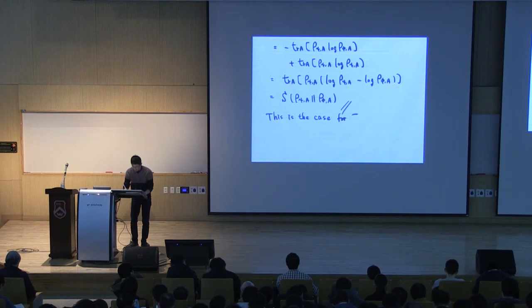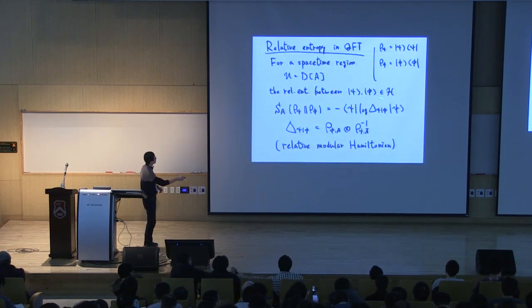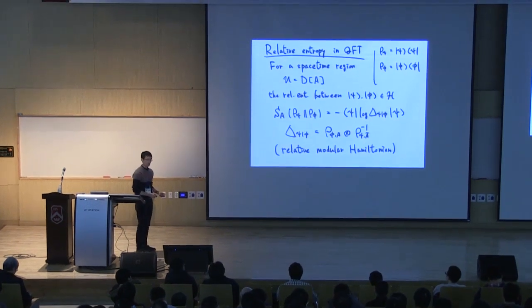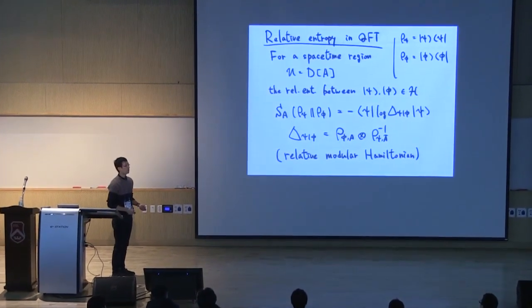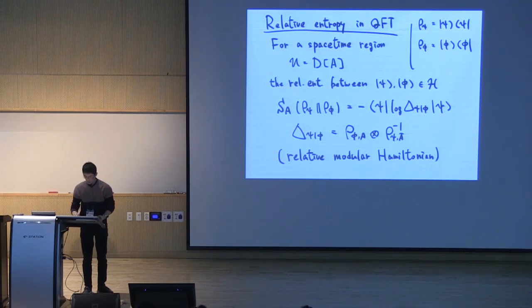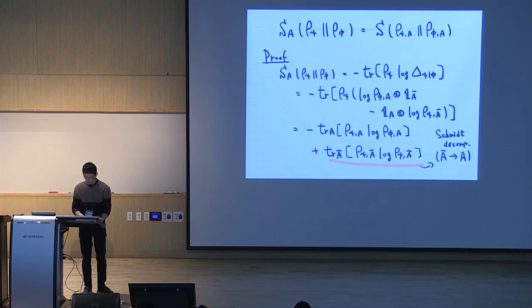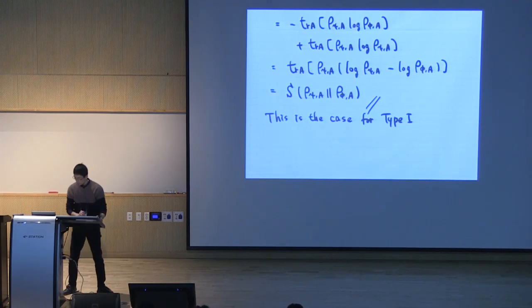In the type 1 case, this new definition reduces to our previous one. But this one can be generalized to type 3. I think this is called Araki's relative entropy, defined by Araki, I don't know, maybe in the 70s. A very old paper. But this proof is the case for type 1.